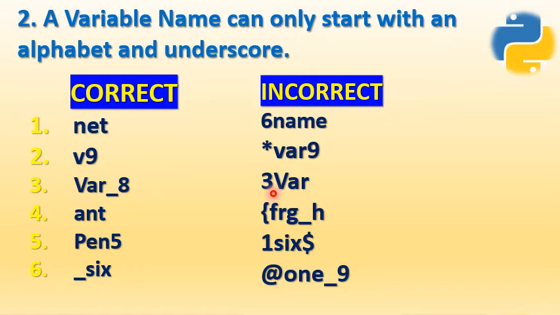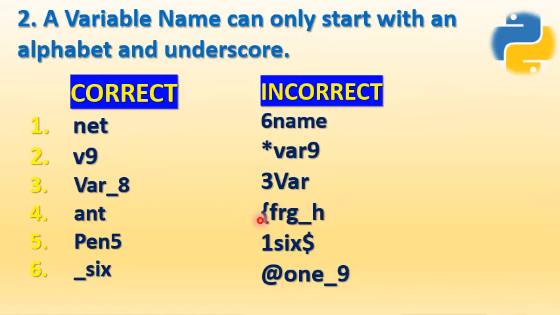Then here I use 3var. The first letter of my variable is 3, which is a digit. So that's why it is incorrect. In my fourth example, I use and. It is also correct according to the rules. Then in the incorrect ones, I used curly brackets, which come under special symbols, which are not allowed.